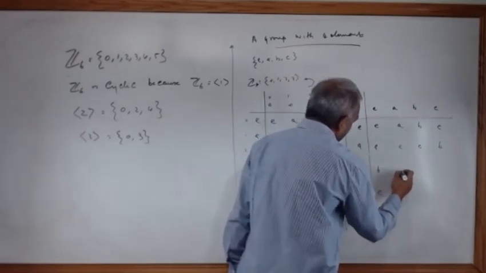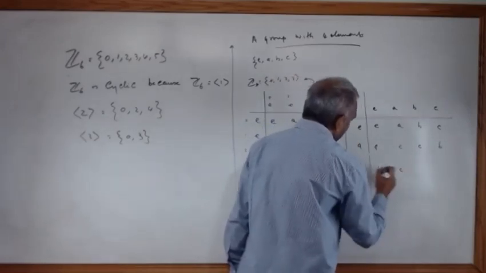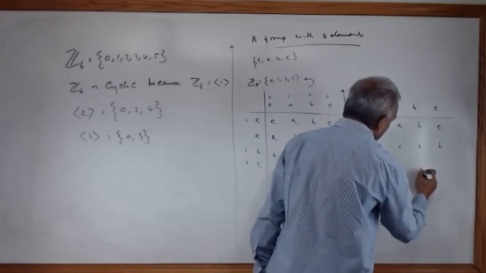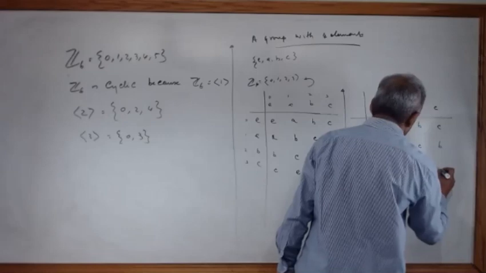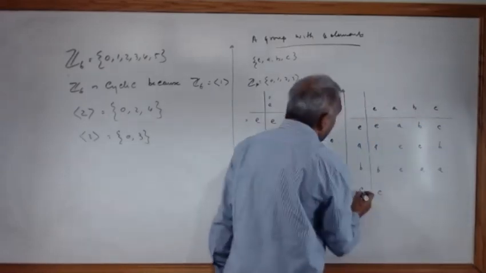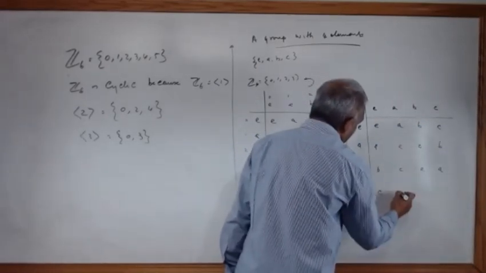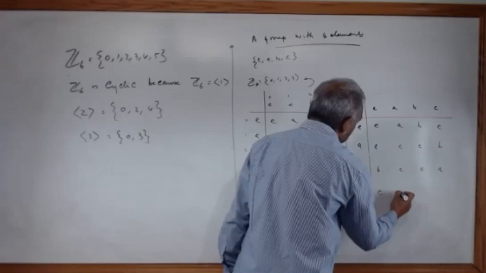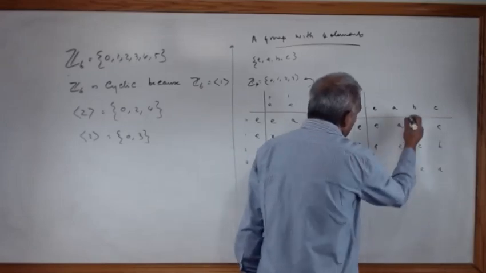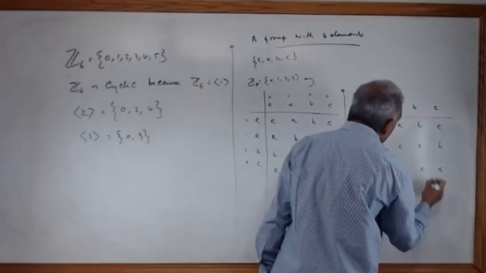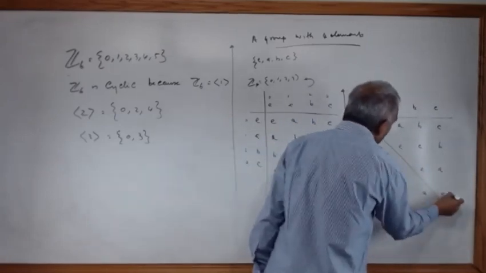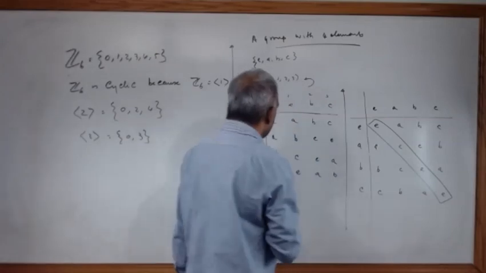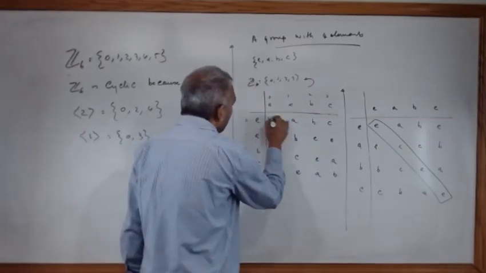BA is equal to C, BB is equal to E, BC is equal to A. CA is B, CB is A, and CC is E. See, the identity is coming like this here, whereas the identity here is coming in a different way.